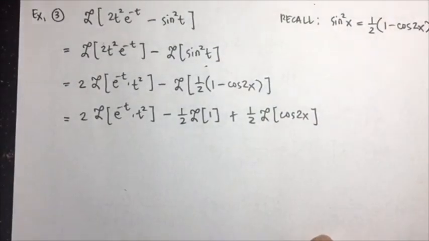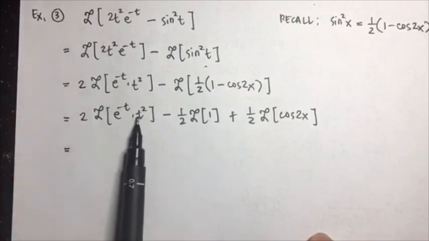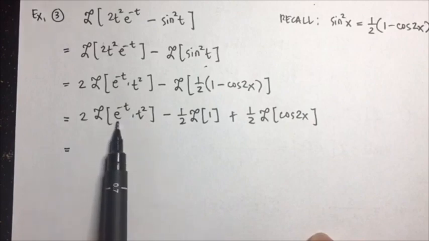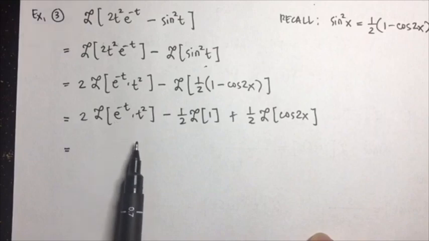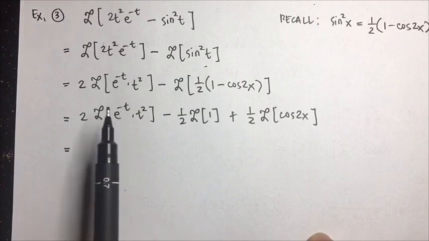Okay, so now we can get the Laplace transform of each. The Laplace transform of t squared is 2 factorial over s raised to 2 plus 1. But we have here the first shifting property, so we will replace s with s minus negative 1, or s plus 1.